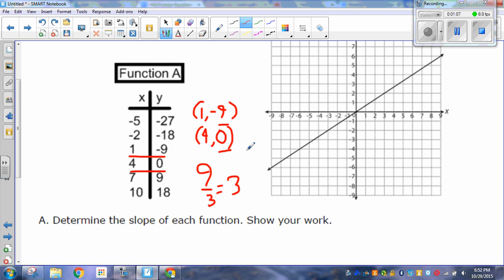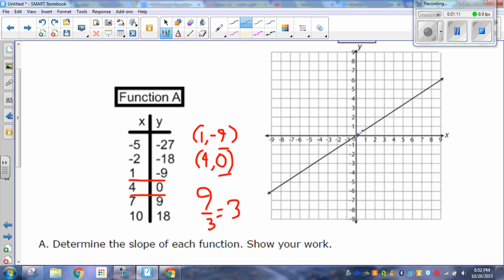Now, that's not the only way to do this. I could have graphed this one simply by going up 1 over 1 down to -9, going over 4 and 0, drawing this line, and finding the slope by hand. And if you do that, all you have to do is count rise over run, which is 1, 2, 3, 4, 5, 6, 7, 8, 9 over 1, 2, 3.